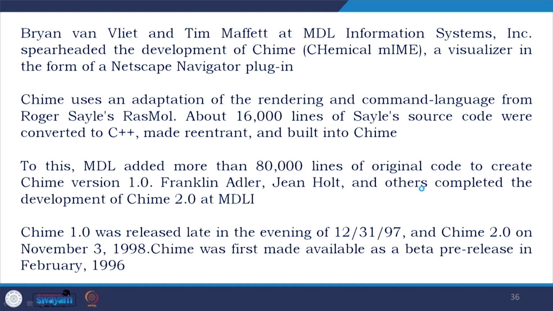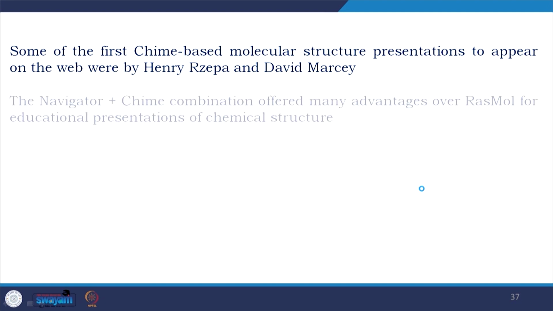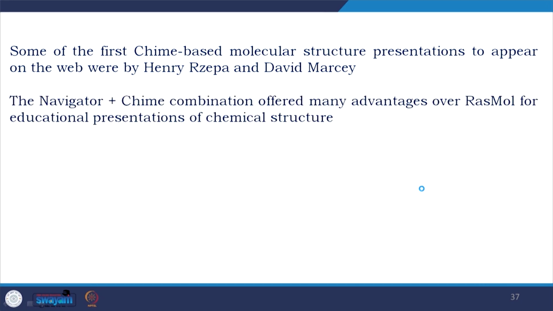KIME was first made available as a beta pre-release in February 1996. Some of the first KIME based molecular structure presentations to appear on the web were by Henry Repa and David Marcy. The Navigator plus KIME combination offered many advantages over Rasmol for educational presentation of chemical structure.